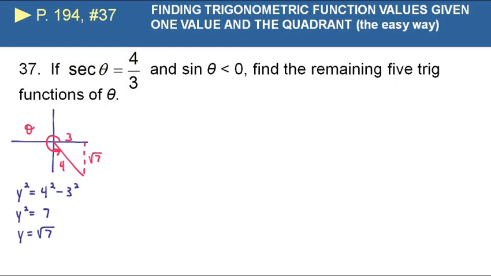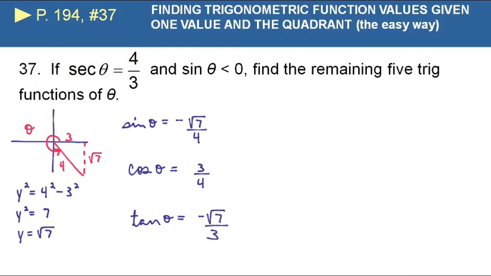Alright, now it's going to be easy to get our 5 functions. Sine is y over r, and it's in the fourth quadrant, so it should be negative y over r. Cosine is pretty much given to us, it's just the reciprocal of 4/3. And tangent is y over x, and it needs to be negative, so negative square root of 7 over 3.